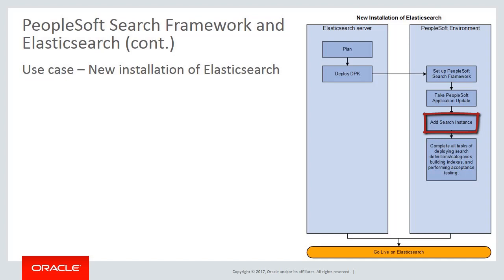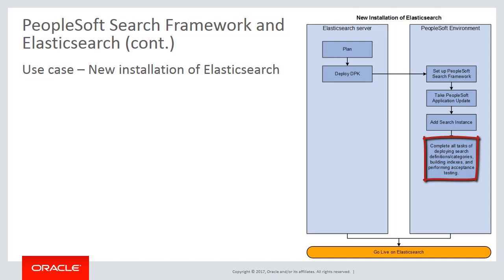Later in this presentation, a demonstration will run you through the steps of using ACM. We'll also view the description of the Search Instance Properties page. Complete other tasks. To complete the setup of the search functionality, you need to perform other tasks such as deploying search definitions and categories, building indexes, and testing the search functionality.